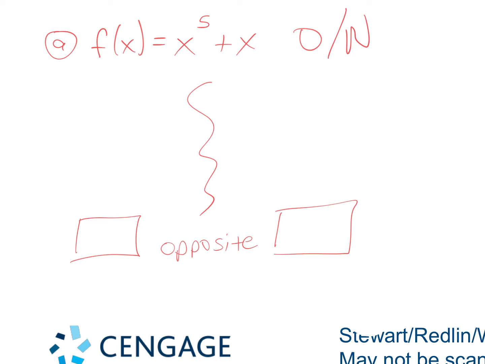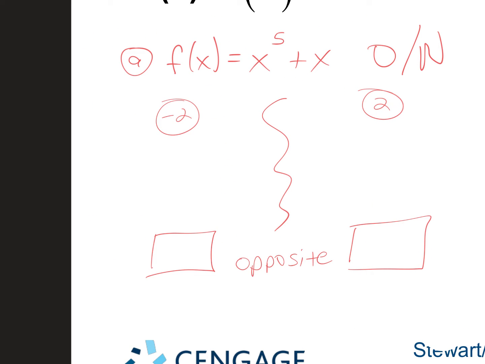Okay, so pick any number bigger than 1 and its opposite. I'm going to say positive 2 and negative 2. So I'm going to plug in negative 2 and I'm going to plug in positive 2. It doesn't matter which side you do it on. Just pay attention to your sign. So when I plug in negative 2, I have negative 2 to the 5th power plus negative 2. What is negative 2 to the 5th power? Negative 32 minus 2 is what?